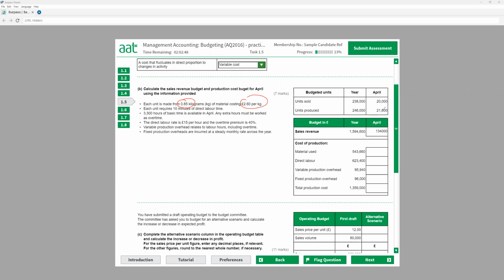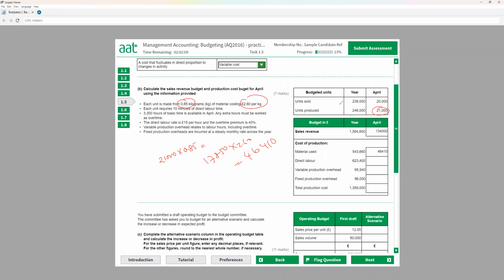For 21,000 units produced, how many kilograms do we need? 21,000 times 0.85, so we need 17,850 kilograms, and per kilogram is 2.60, so times 2.6. That gives me 46,410. That's my material cost, 46,410.